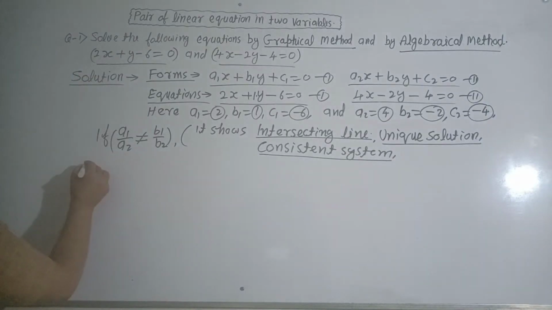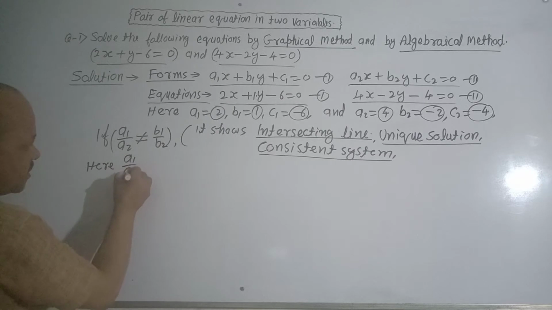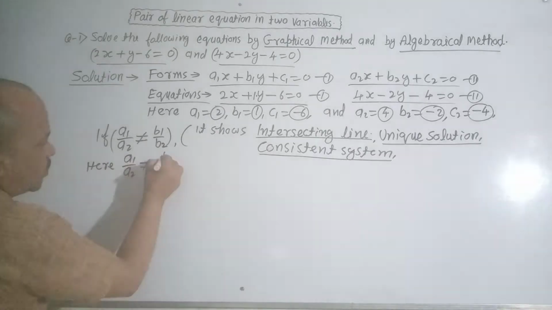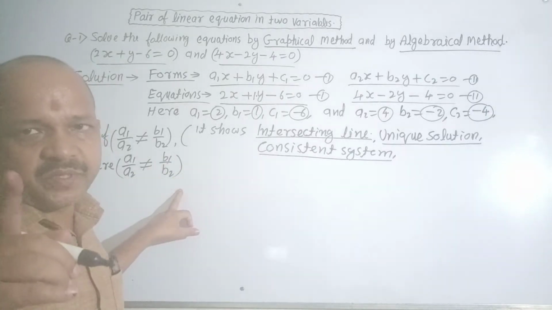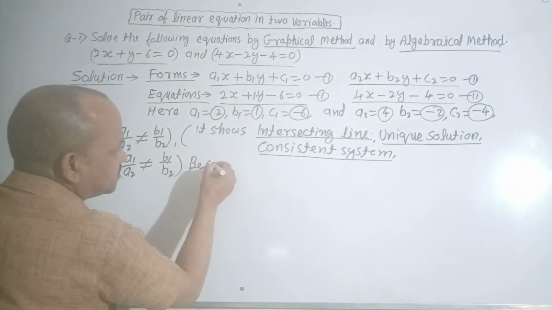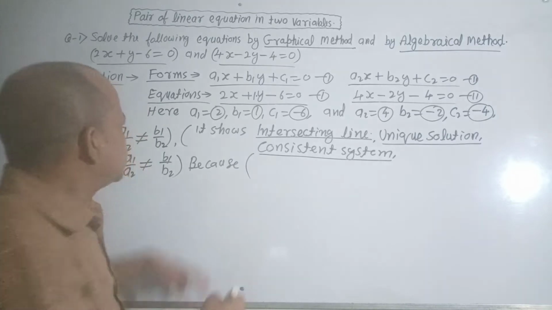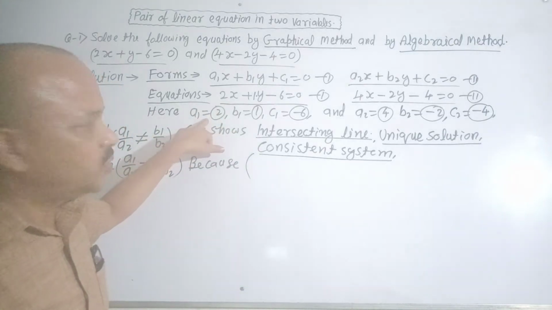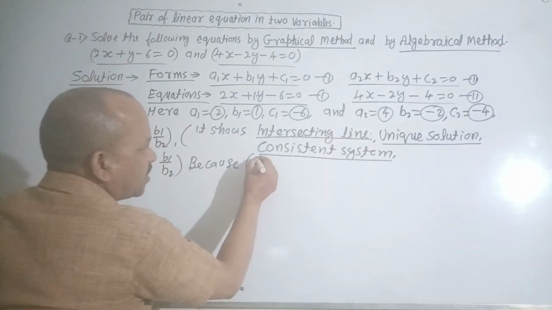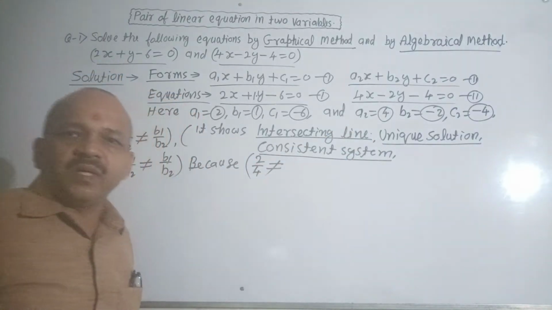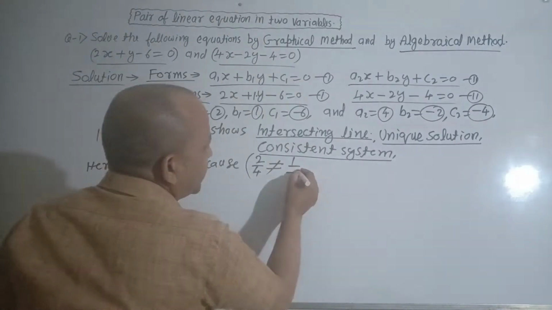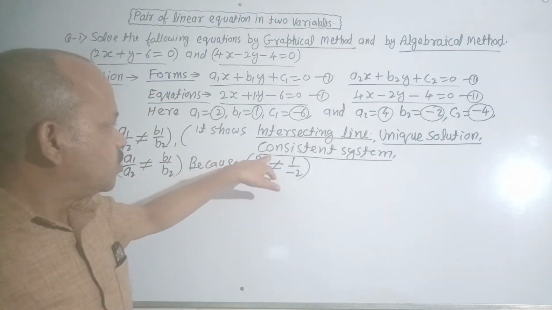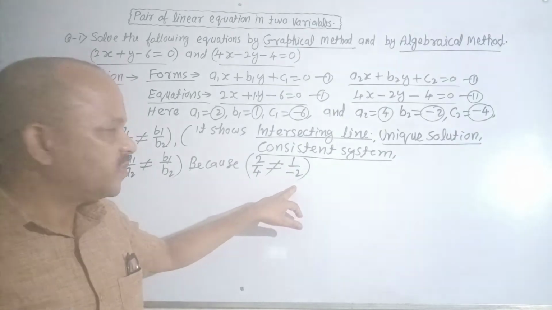Here a1 by a2 not equal b1 by b2 because a1 is 2, a2 is 4. 2 by 4 not equal to b1 by b2, 1 by minus 2. 2 by 4 not equal 1 by minus 2.